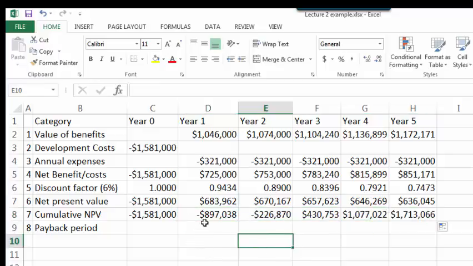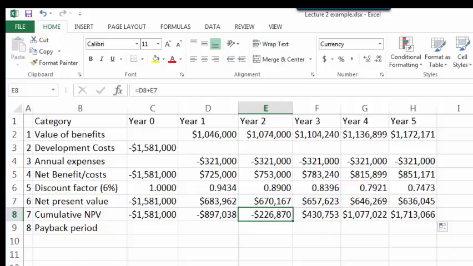From this row, we can say in the first year it is still negative, the second year still negative, but the negative figure is significantly decreased, and from year 3 it becomes a positive figure. That means from year 3 the company actually gets all the investment money back and also has some profit.